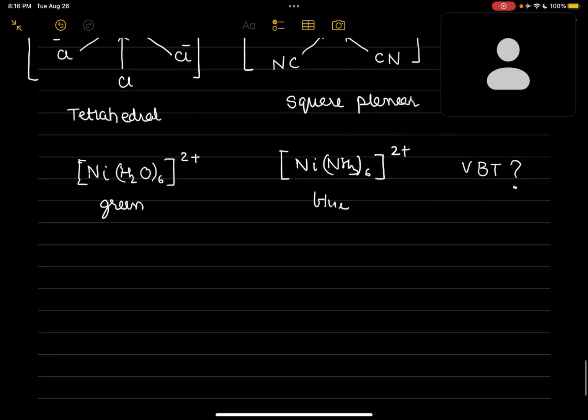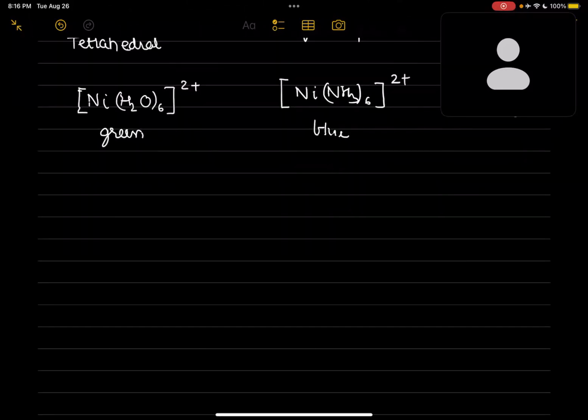So let me write the strength of the ligands, and that is the spectrochemical series.